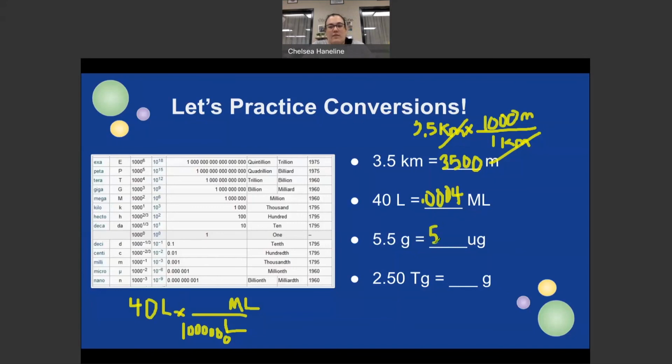This is 5.5 million micrograms. I just didn't want to write all the zeros. Then we have 2.5 teragrams. How many grams is that?